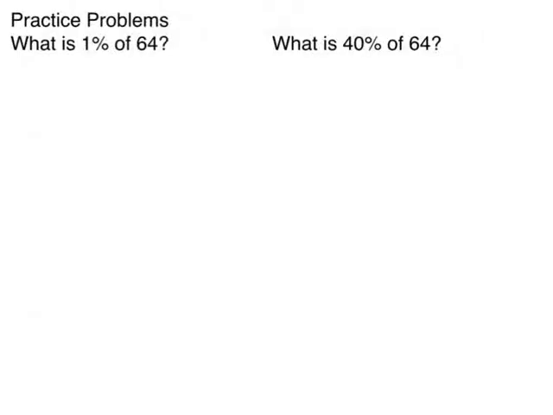Let's do your practice problems. We have 4. The first one, A, says what is 1% of 64? Well, let's move that decimal. 1% of 64 is 64 hundredths. So what is 40% of 64? We say 0.64 times 40.